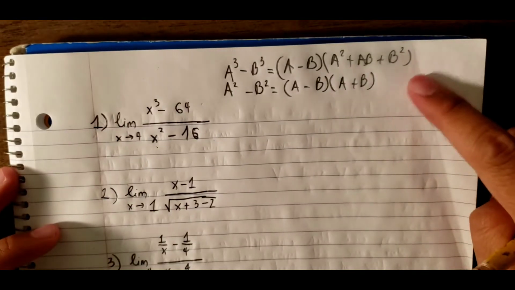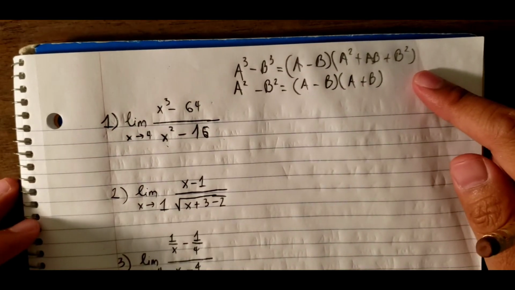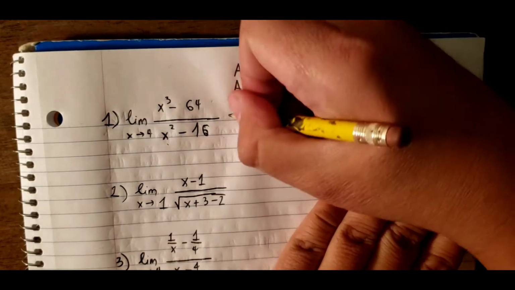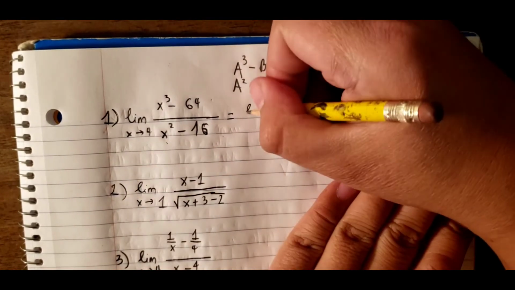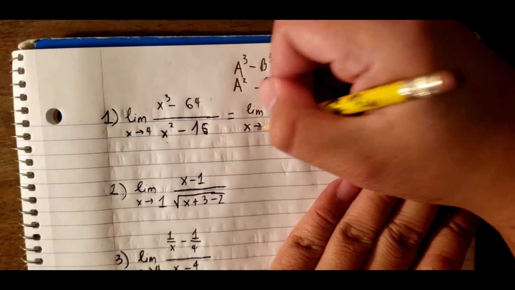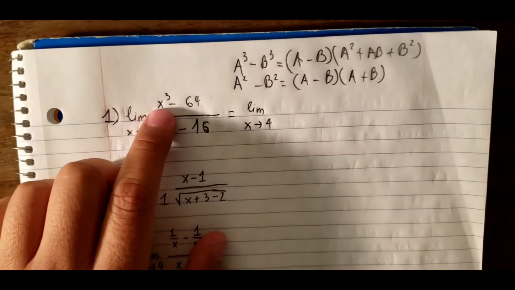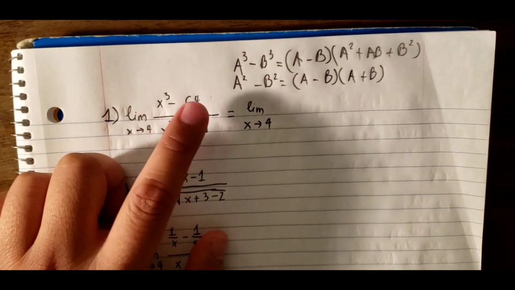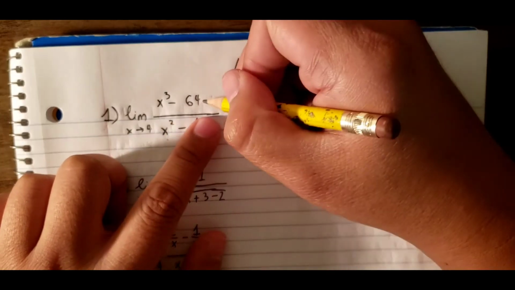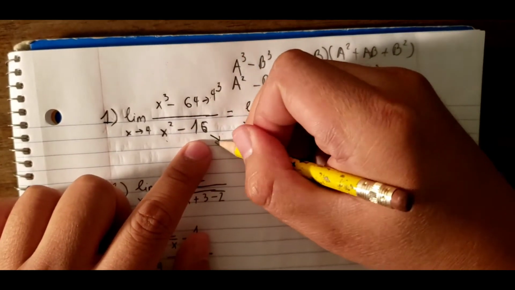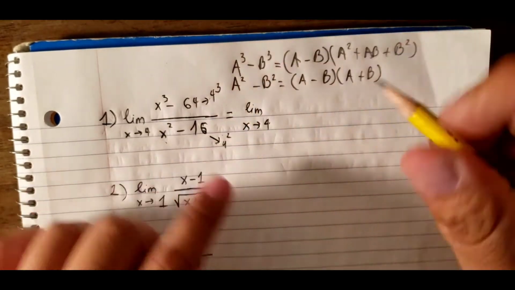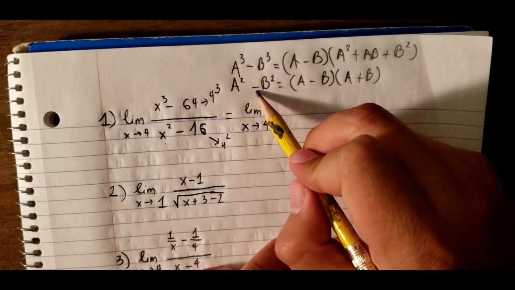This formula is very important for identities, so we will use it to find the factors. We have s power 3 minus 64, where 64 is 4 power 3, and 16 is 4 power 2.